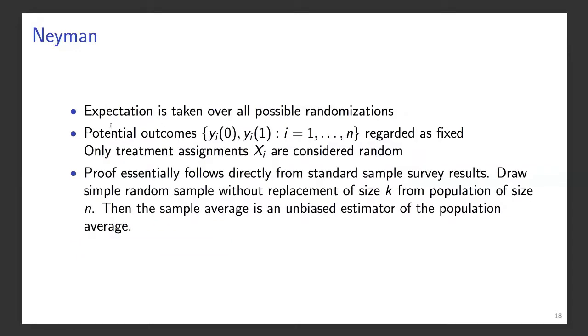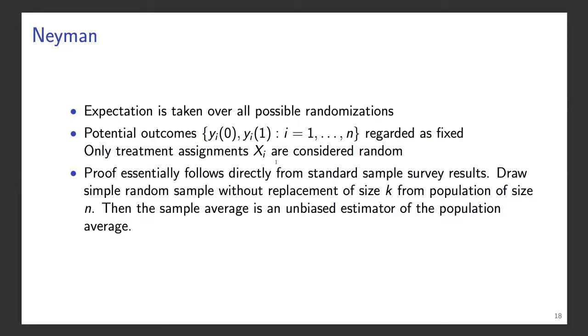When we say unbiased, we mean the expected value of this estimator is equal to the truth, where the expectation is taken over all possible randomizations. In this conceptualization, we've got a fixed finite population of n units. We think of the potential outcomes as fixed features of that finite population, and the only thing that's random is the treatment assignments. So we're imagining that if we had these n units and conducted a randomized experiment over and over again, ACE hat on average gives us the right answer.